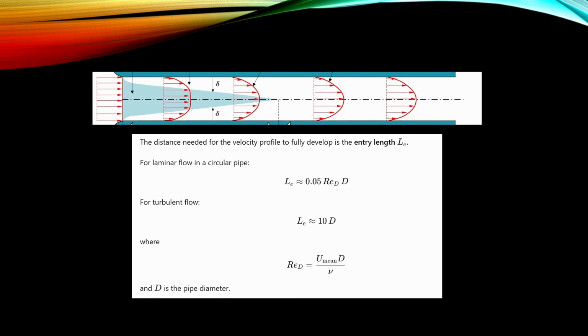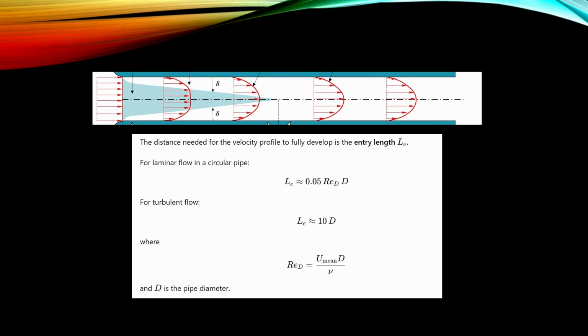So far we have been discussing boundary layer development on the surface of a flat plate, but the same phenomenon also exists in pipe flows. Here we see an example where we have flow entering a pipe. When the flow goes inside the pipe, the boundary layer starts to develop around the periphery of the pipe.